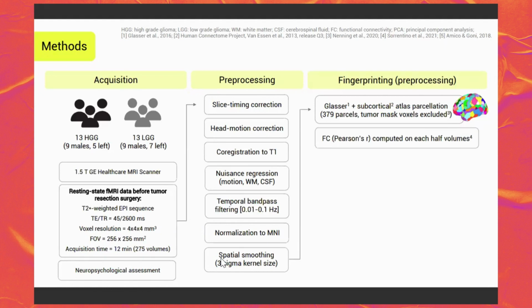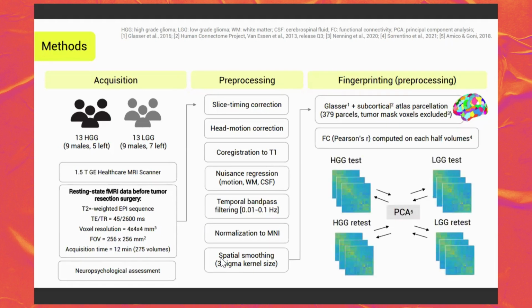Then two functional connectivity matrices, a test and a retest matrix, were computed for each patient, the first from the first half and the second from the second half of the total acquired volumes. Then all functional connectivity matrices underwent a principal component analysis procedure in order to improve patient identifiability.